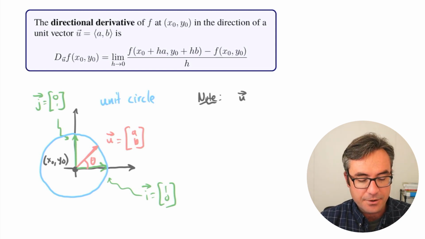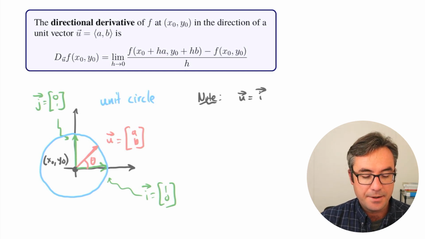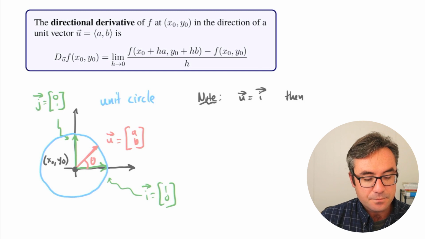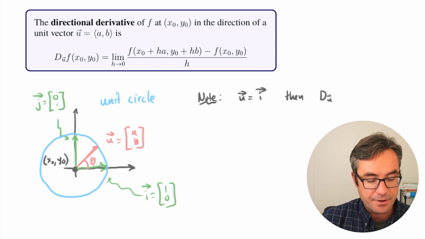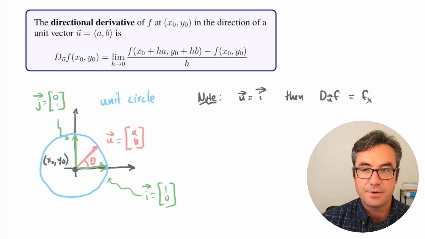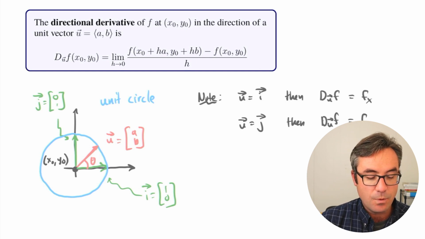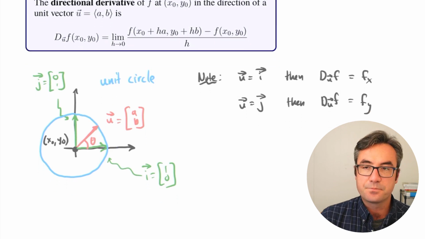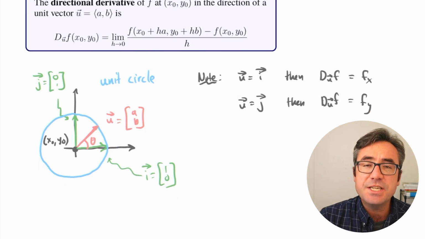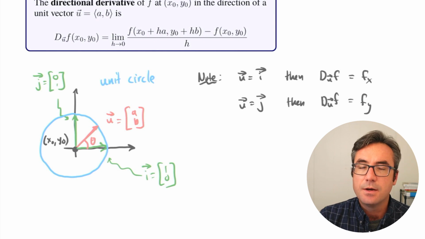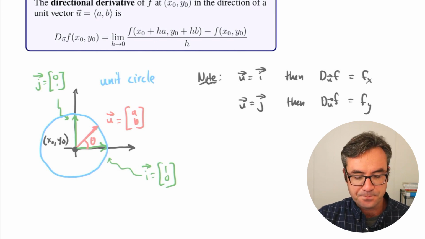If our unit vector is vector i, then this directional derivative is actually just the x partial derivative. And if the unit vector is vector j, then this directional derivative would be the y partial derivative.